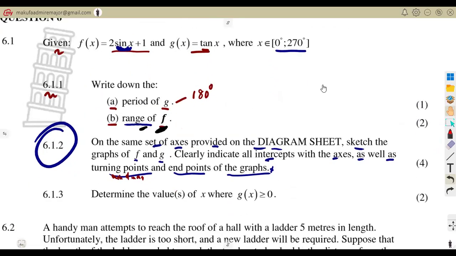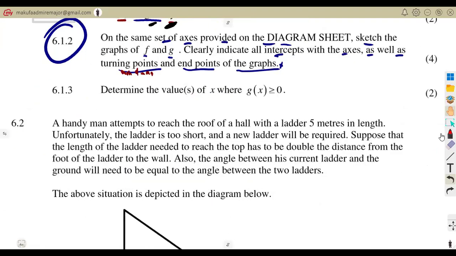Now they want you to use the same graph to determine the value or values of x where g(x) is greater than or equal to 0.